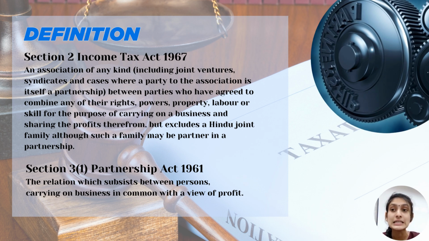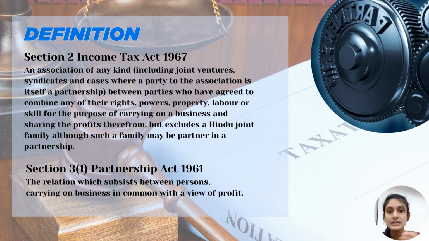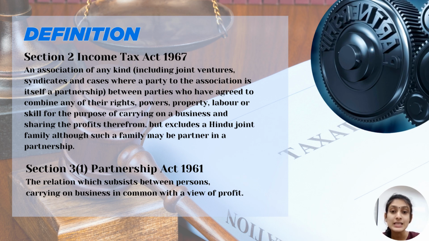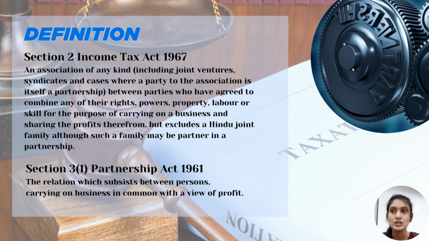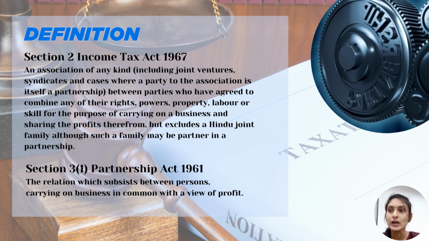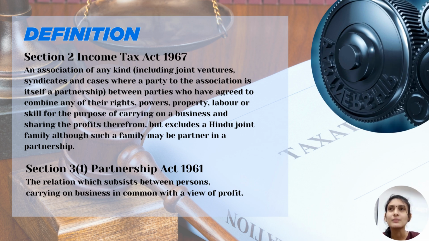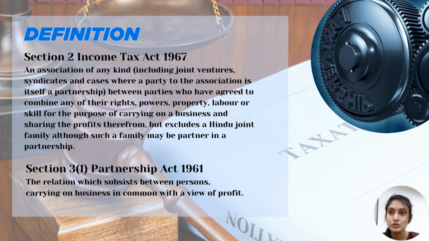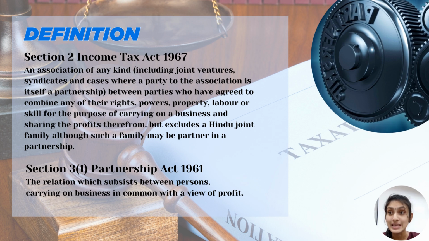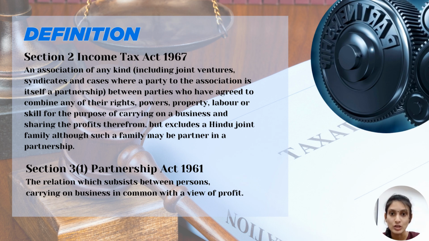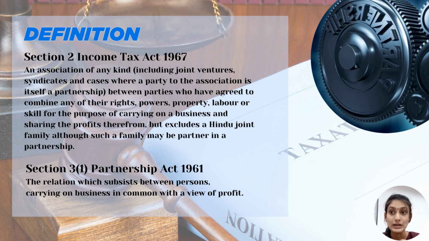Any kind means it includes joint venture, syndicate, and also cases where a party to the association is itself a partnership. The cases where a party to the association, for example subcontractors, is one example of a party to the association. So this is how to relate.